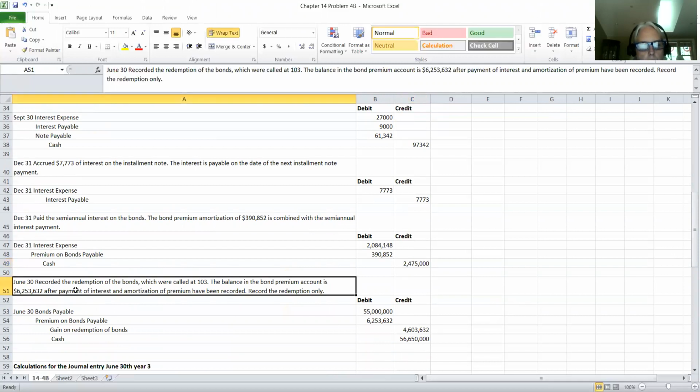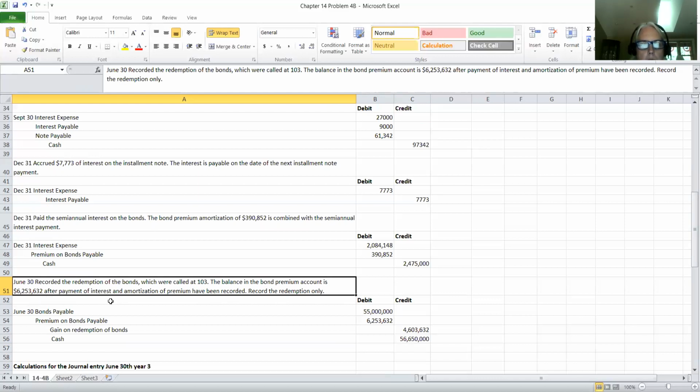Then on June 30th, they actually called back the bonds, or they redeemed the bonds. They recorded a redemption of bonds, which were called back at 103%. This is a percentage here. The balance in the bond premium account is $6,253,632.